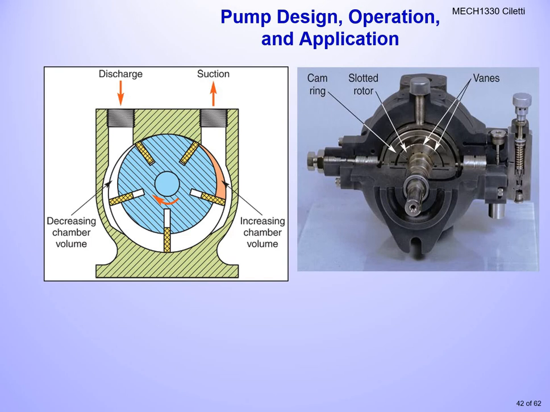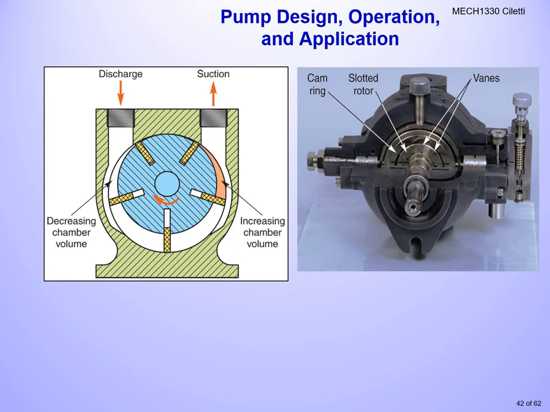So this is a picture of what the vanes are doing and what they look like. On the left-hand side, they're the little yellow things. They drop down using centrifugal force. As we rotate around on that rotor and the chamber opens up, the centrifugal force drops the vanes out, and the vanes capture the fluid and push it around and then discharge it out the other side, and then the vanes collapse back in.